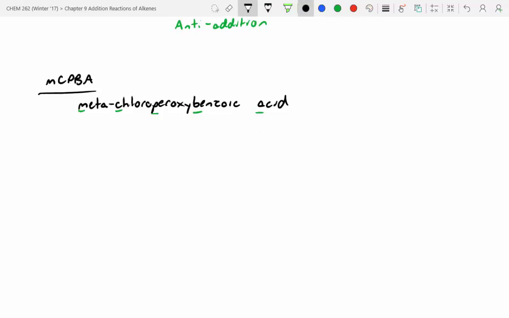So let's draw out what this looks like. We're actually going to use this reagent a few times during the year. So a peroxy group is anytime you have an oxygen-oxygen single bond. So you can see we've got a peroxy group right here. However, it looks kind of like a carboxylic acid with one extra oxygen, so it's a peroxy acid.